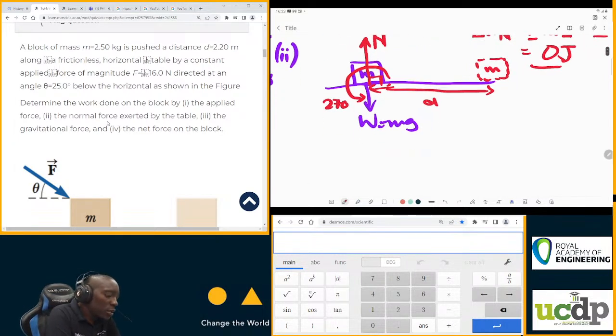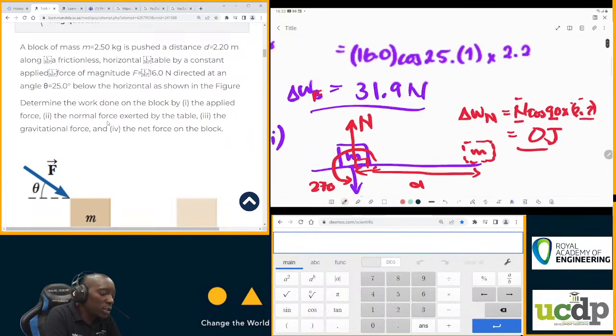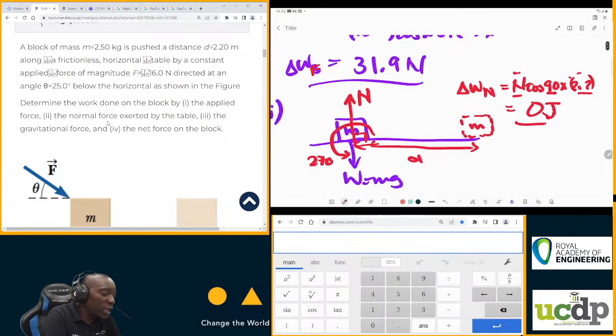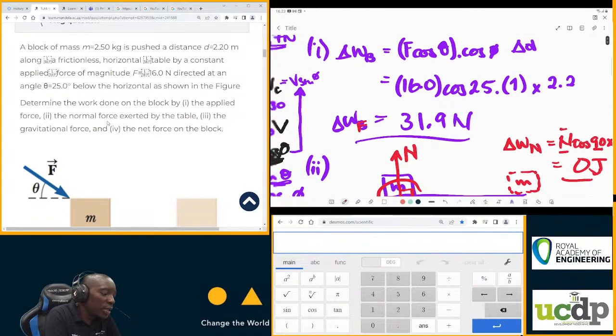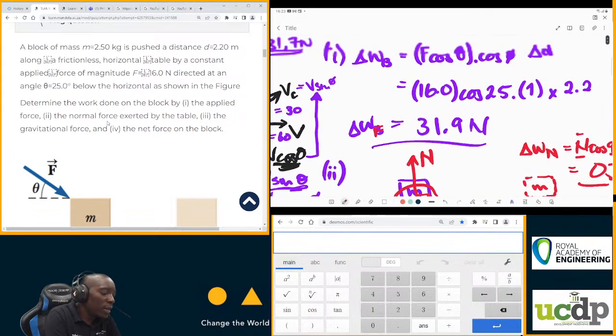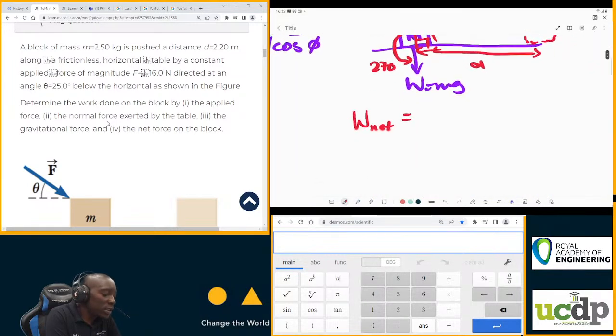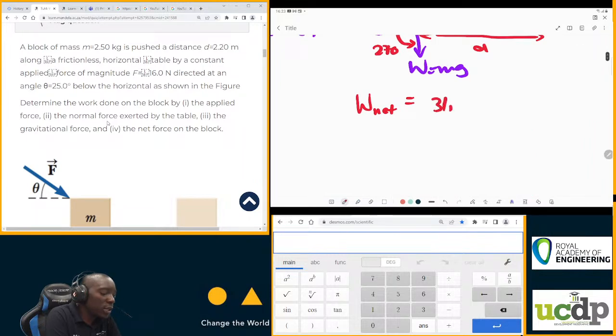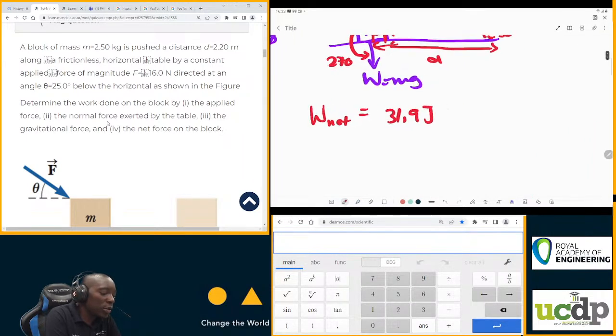So W net will be equal to, we have identified the work done by the applied force, which gives us 31.9 joules, right? Then the work done by the reaction force, or just accounting for all forces there, will be 0. The work done by gravity is also 0.